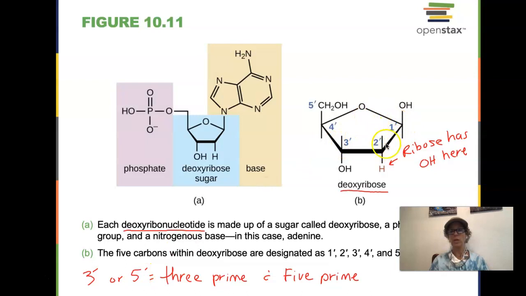So carbons 1, 2, 3, and 4 are within the ring, and carbon 5 sticks up out of the ring. And that numbering is important, like I said, for how we are going to connect these nucleotides to build DNA or RNA. And it will happen from these 5' and 3' carbons.